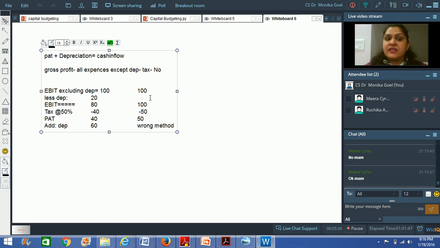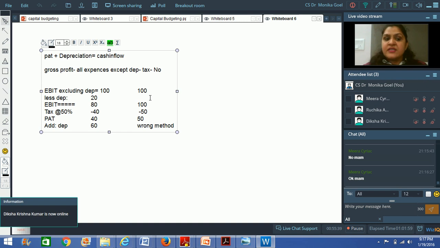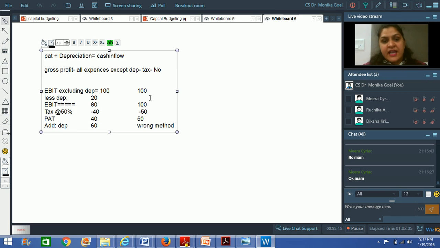Right? But you can say, if I am first reducing depreciation and then adding depreciation, rather than doing these two adjustments, why can't I simply not take depreciation? If you do not take depreciation, your expenses will get reduced, and because your expenses are reduced, your tax amount will increase.